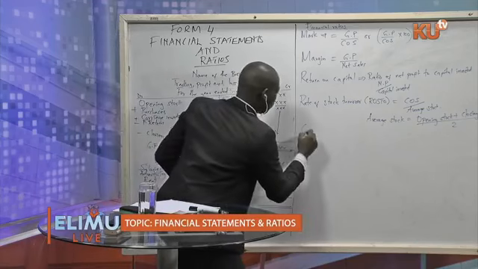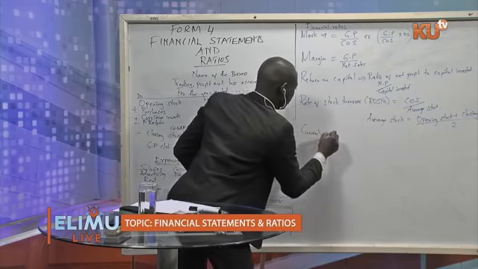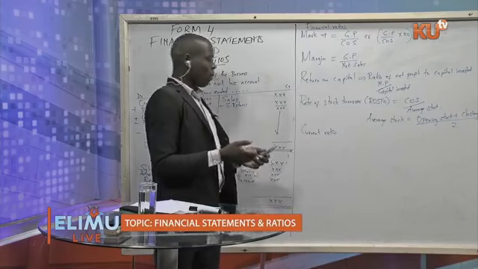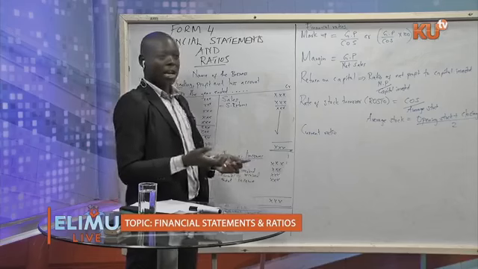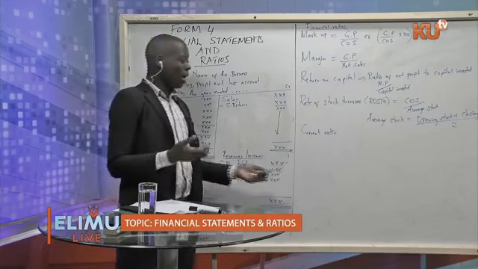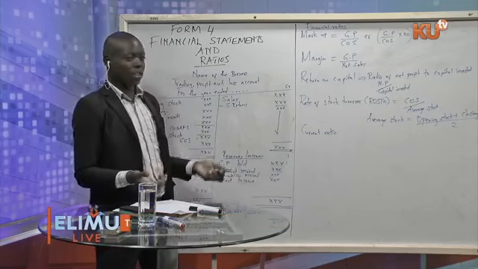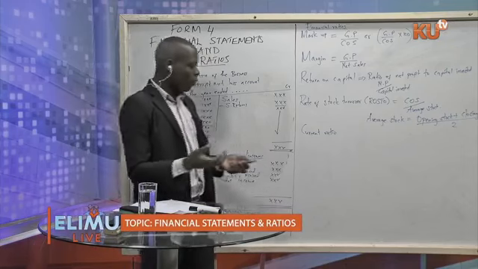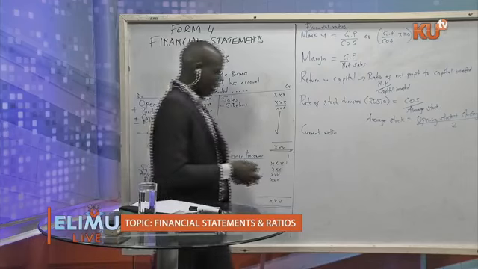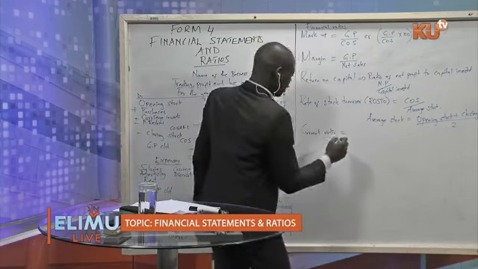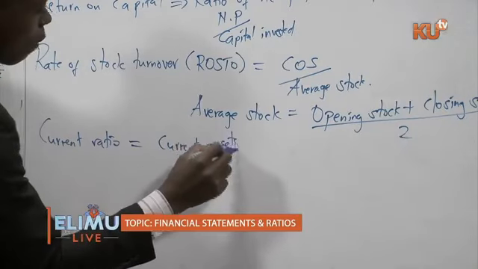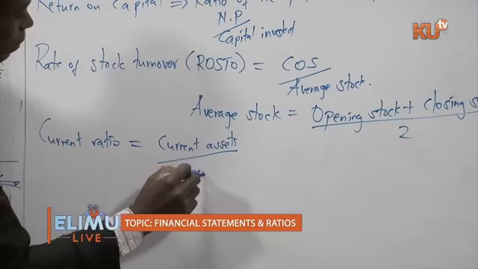Maybe we need to also add what we call current ratio. Current ratio is used to show how the current assets are behaving against current liabilities. Remember, the more liabilities you have as a business, the more troublesome you are. So you need to see how the current assets and current liabilities compare, and that ratio is called current ratio, given by current assets over current liabilities.